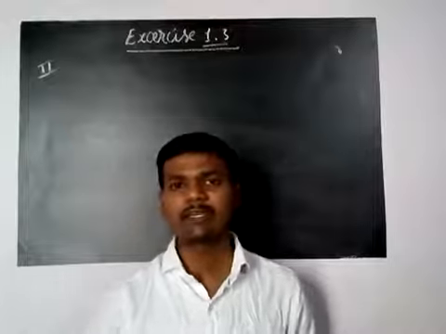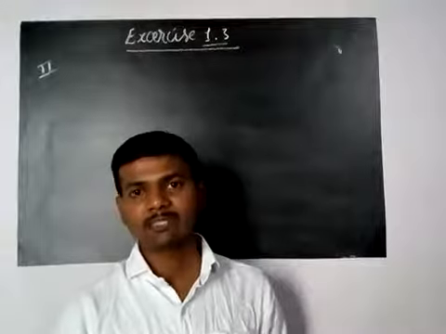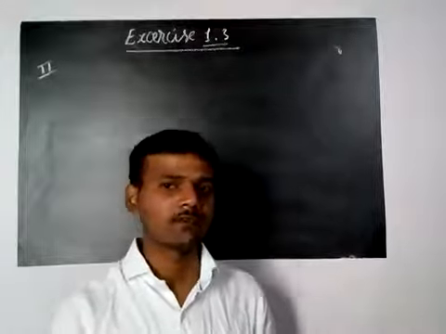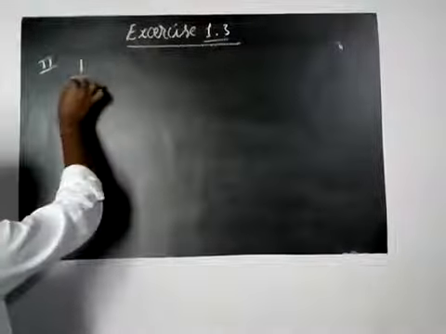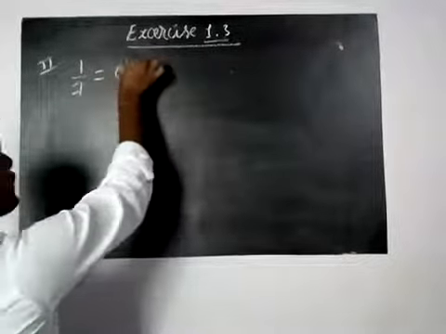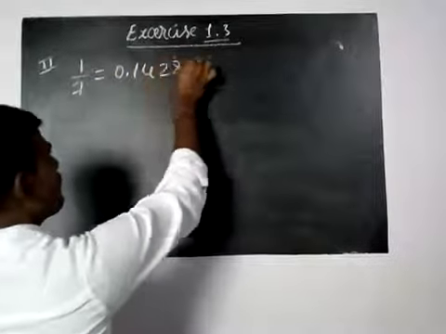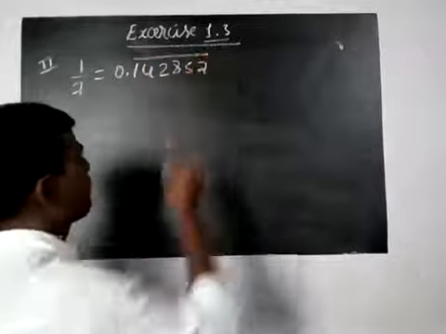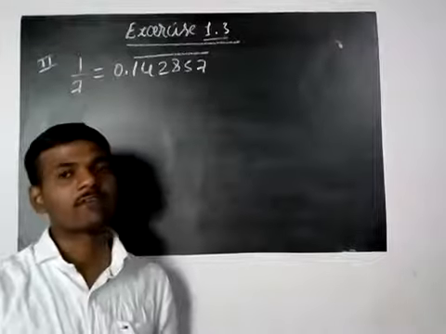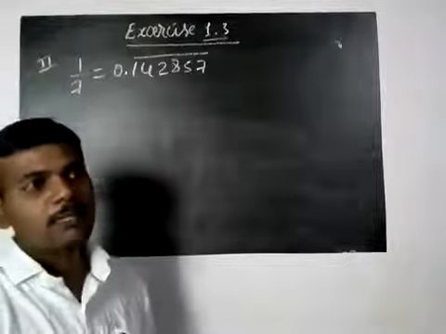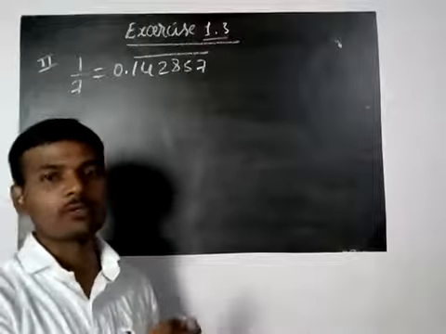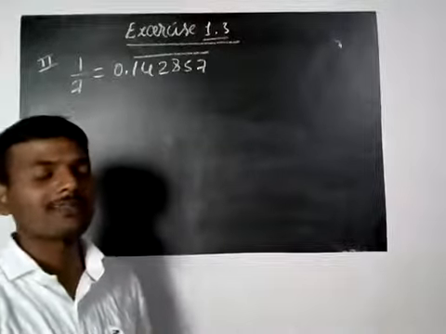Let me see how we can express 2 by 7, 3 by 7 and so on. 1 by 7 can be expressed as 0.142857 bar. Now we have to express 2 by 7 like this, and 3 by 7 like this, and so on.